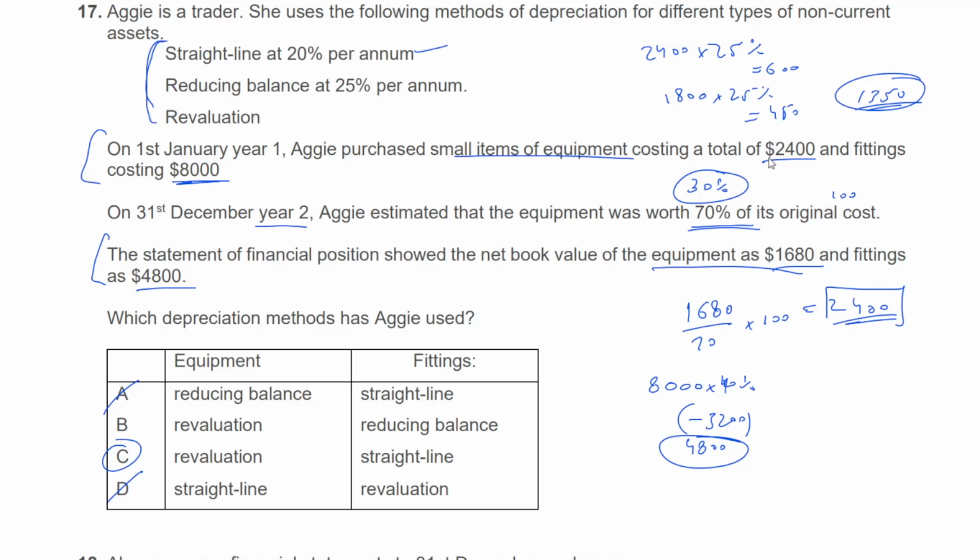Calculate two years' depreciation on this based on straight line and see if that gives you the 1,680 net book value. If it doesn't, this means it was revaluation. Do the same with the fittings. Take 8,000, attempt this for 2 years, and see which one adds up. Well, this one does. So straight line for the fittings, revaluation for the equipment. Let's move on.